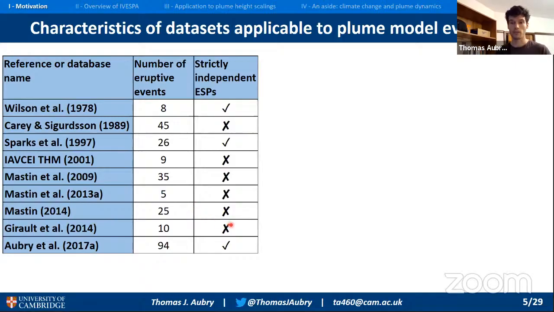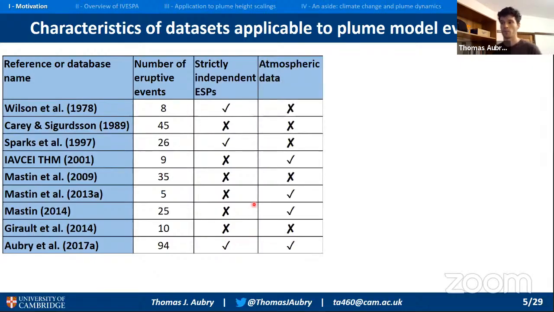And also plume heights are sometimes estimated from the deposit, in which case you could argue they are not completely independent from the deposit properties and thus your erupted mass estimate. So not all of these datasets have strictly independent eruption source parameters. Recent datasets tend to include atmospheric data, but that's not the case for all.